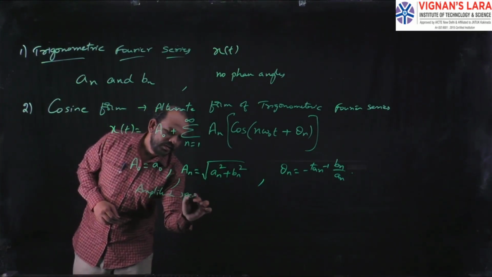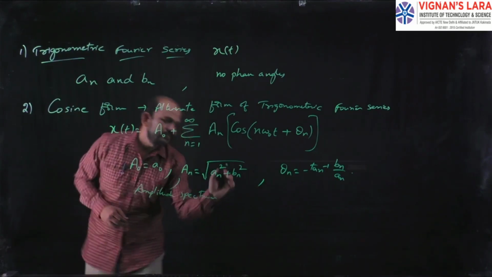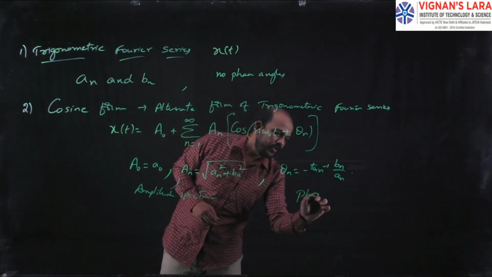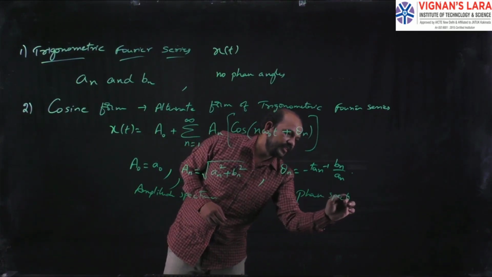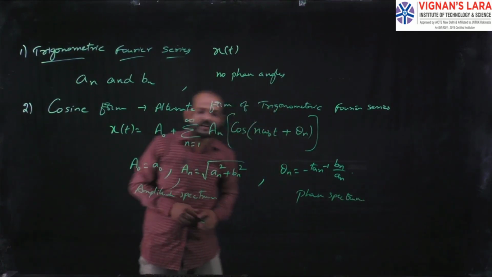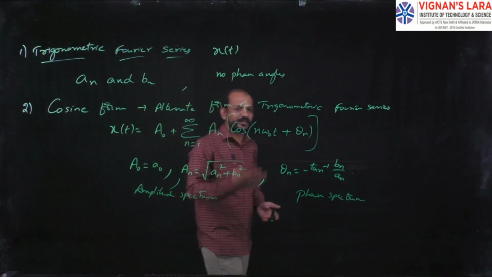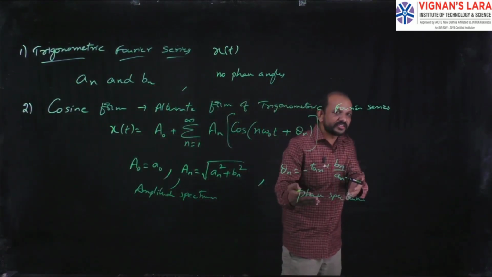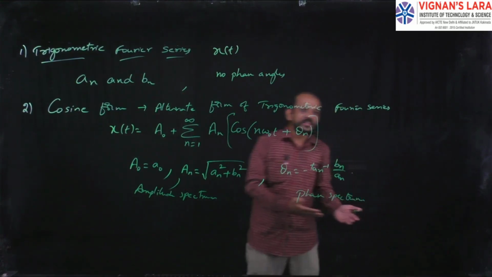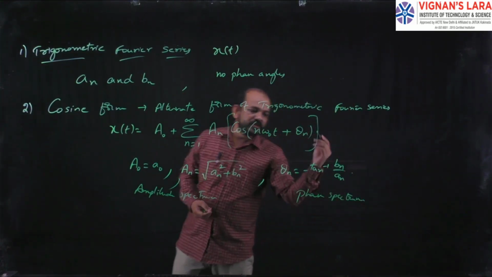Amplitude spectrum and phase spectrum. The graph drawn for the amplitude coefficients versus frequency will give the amplitude spectrum, and the graph drawn for the phase of the coefficients with respect to the frequency will give the phase spectrum.